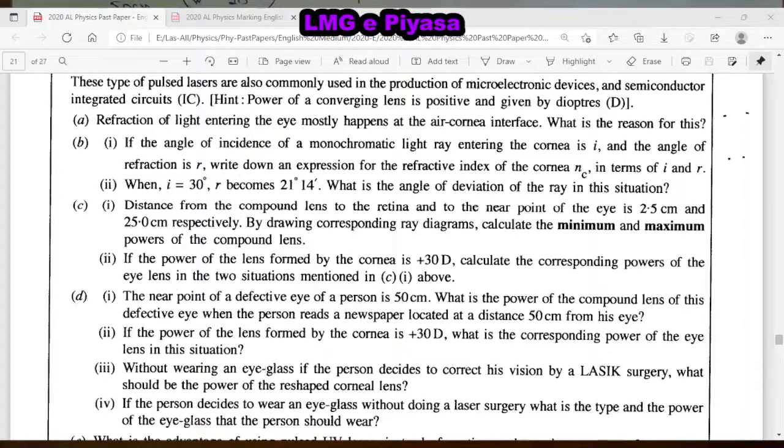Now the corneal lens power is 30. What is the required power of the combined lens? In the earlier case, the maximum power is 44 diopters, no?